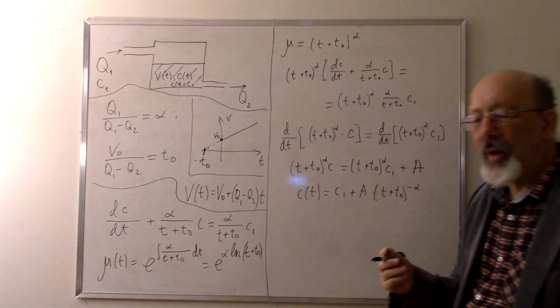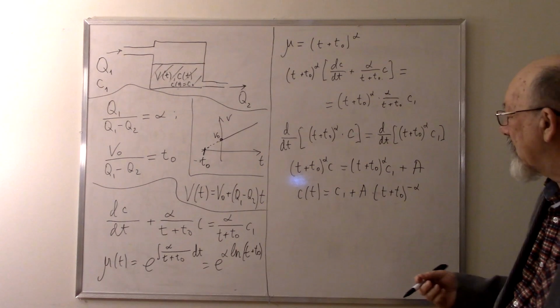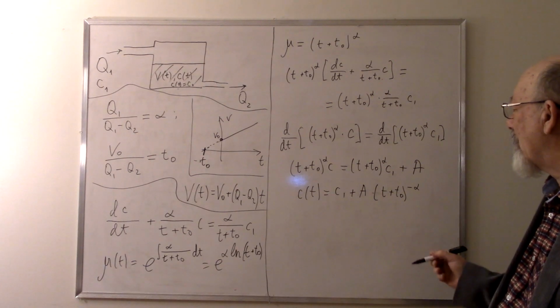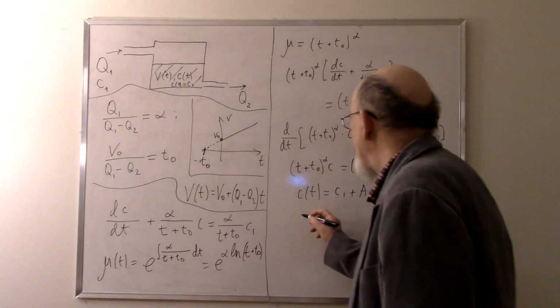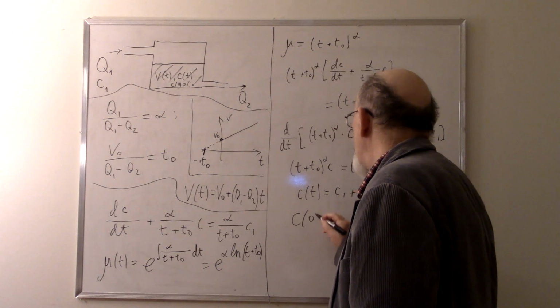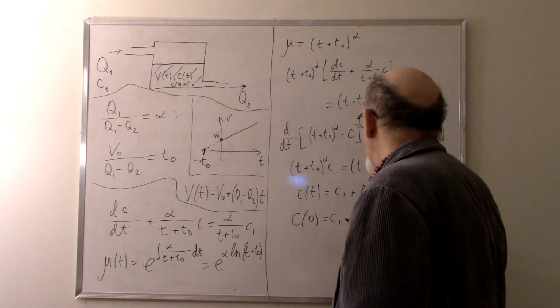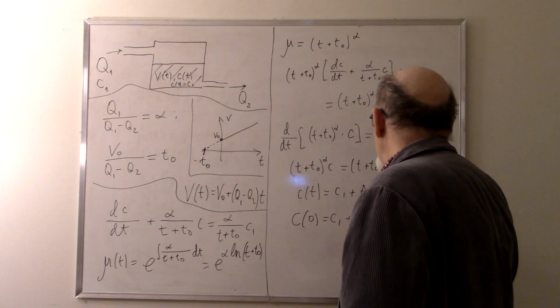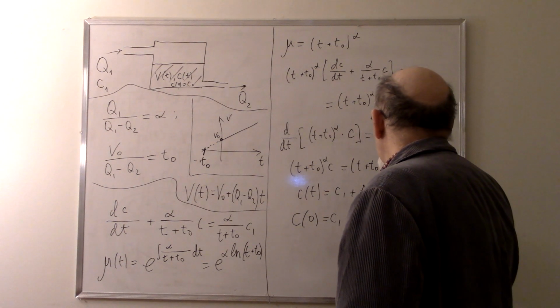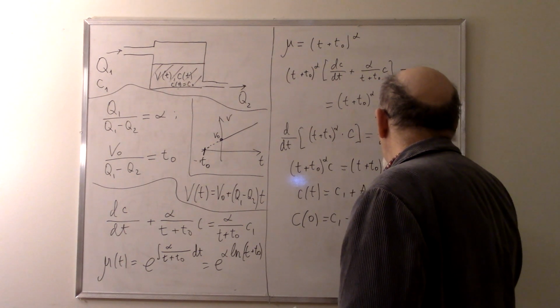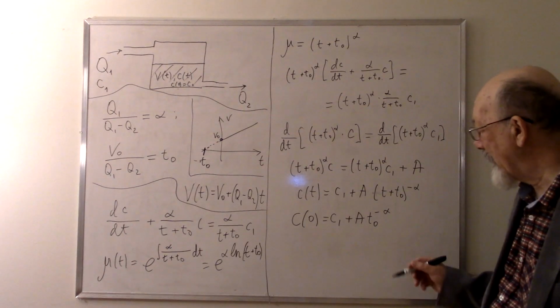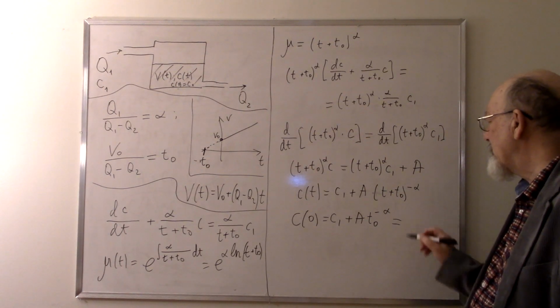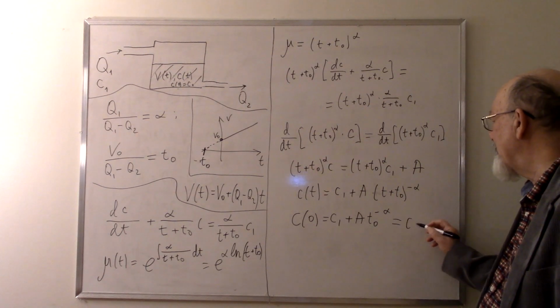You have to substitute here t equals 0 and have c of 0 equals c1 plus A t0 to the power minus alpha, which should be equal to c0.